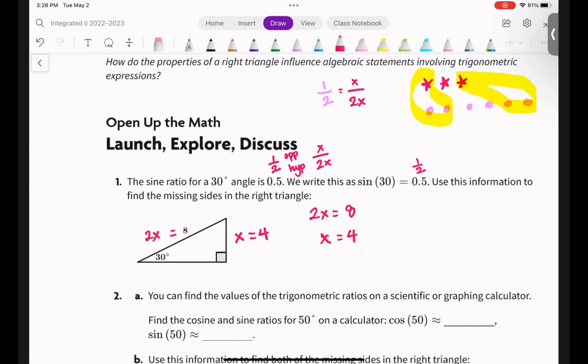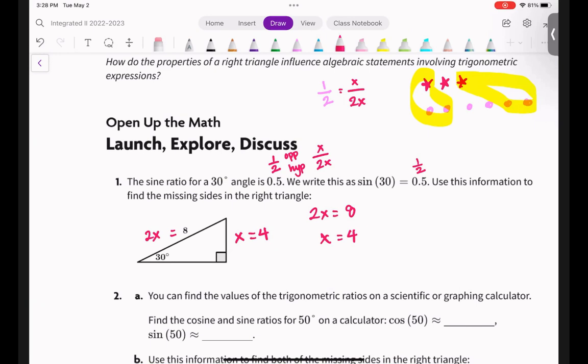Now that you know that, you can solve for the third side by using the Pythagorean theorem. I will tell you right now, the 30, 60, 90 triangle is a staple in trig. As soon as you find this, make sure that you keep this in your head. This should be as known as times tables were back in 3rd, 4th, and 5th grade.